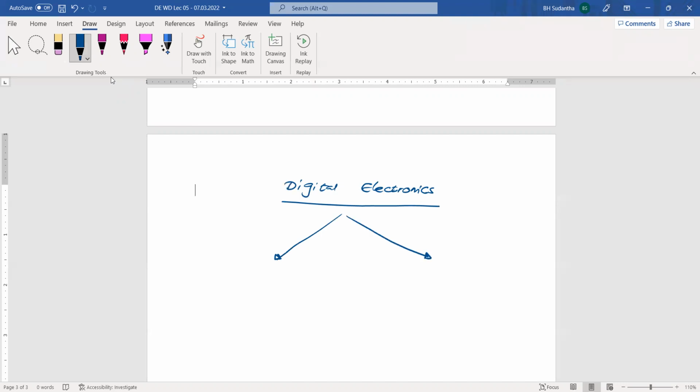We have one side, combinational circuits, and the other side, sequential circuits. Now we are going to talk about combinational circuits.